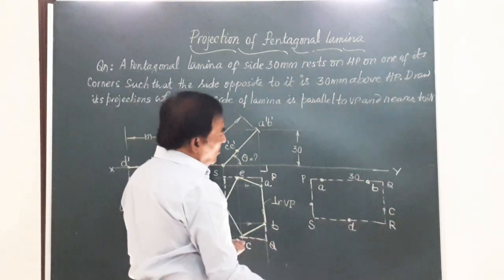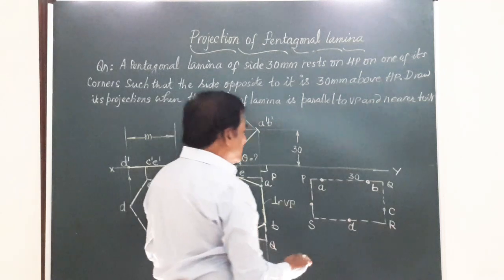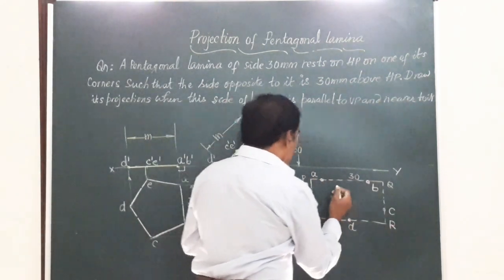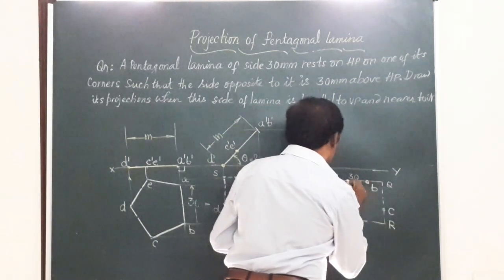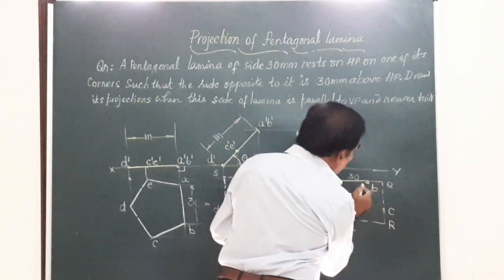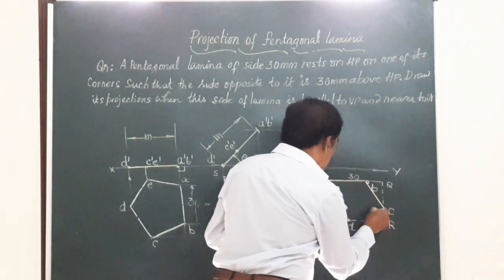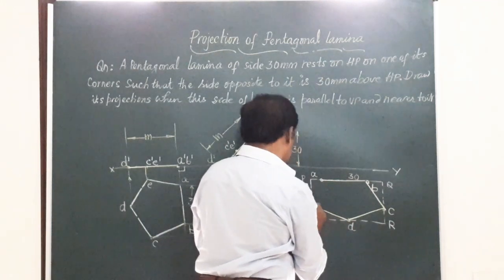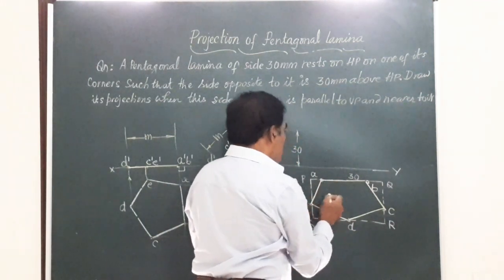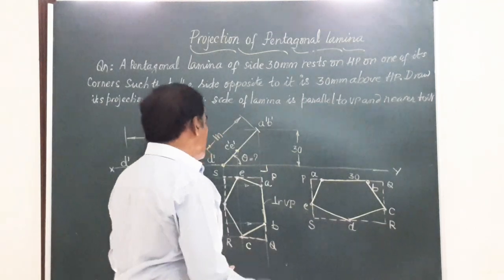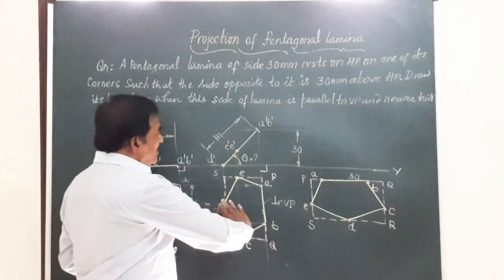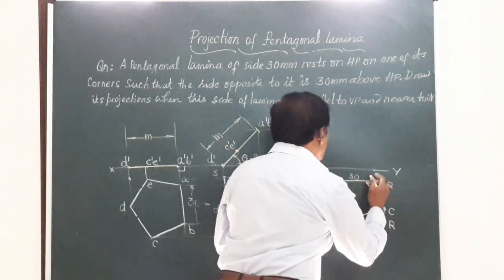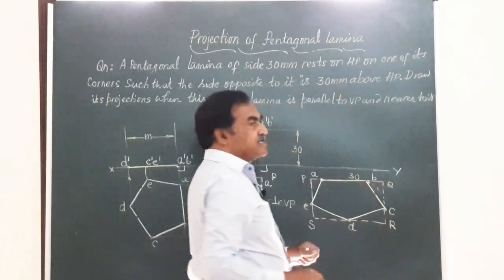Friends, I have got all the 5 corners of the lamina and I am going to just join them. I am going to join A to B, B to C, C to D, D to E, this is point E, and E to A. So friends, we have got the top view of the previous step redrawn with AB being parallel to VP and nearer to it.